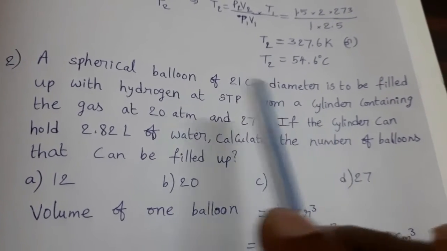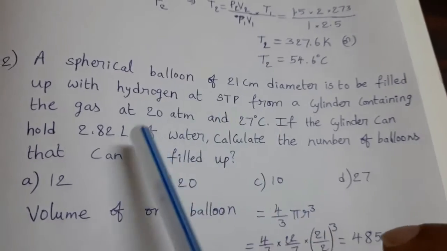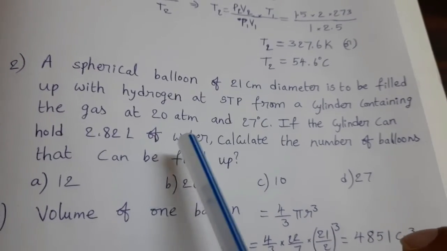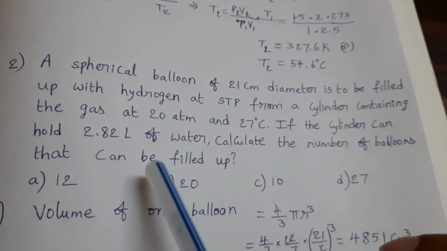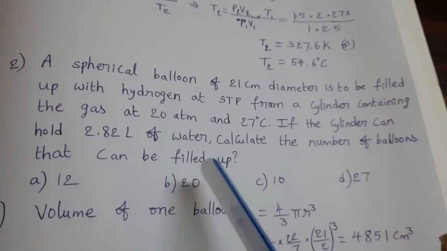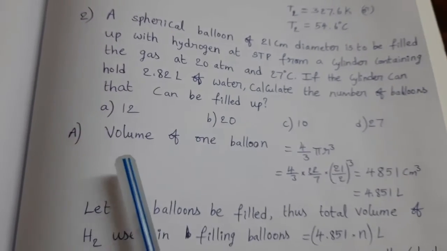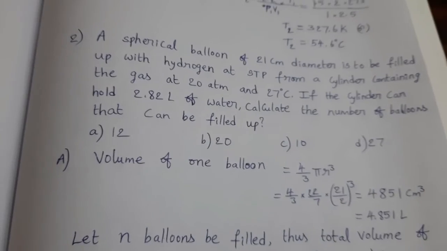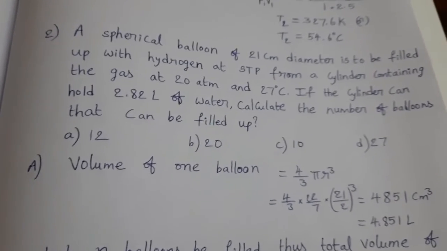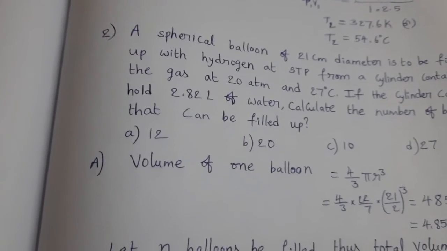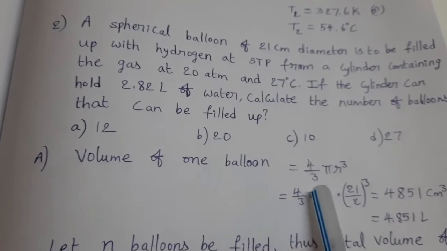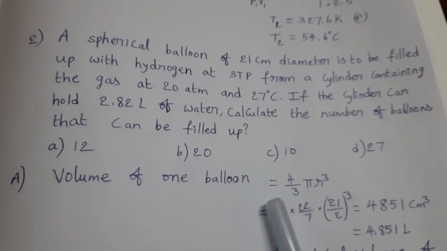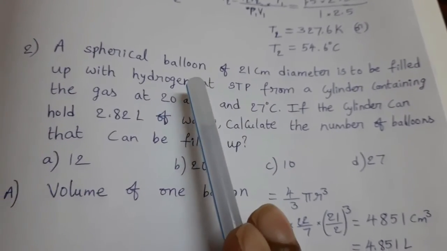So, inside the cylinder, pressure, temperature and volume is given. Now, with this hydrogen gas, how many balloons can be filled up? We should find out. Volume of one balloon. So balloon means we can consider spherical, because here they mentioned spherical balloon.